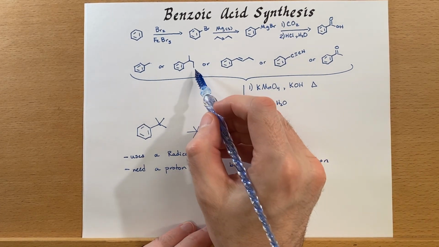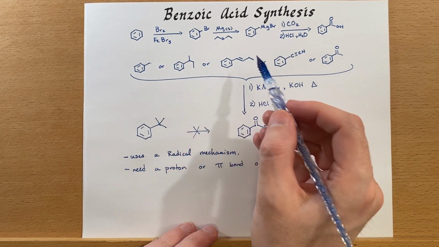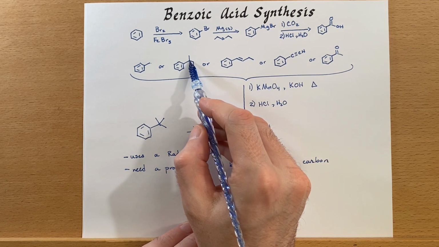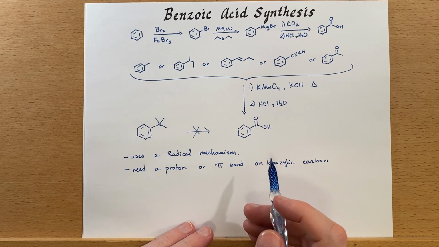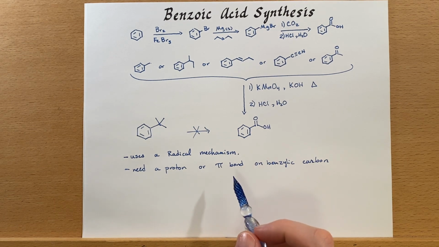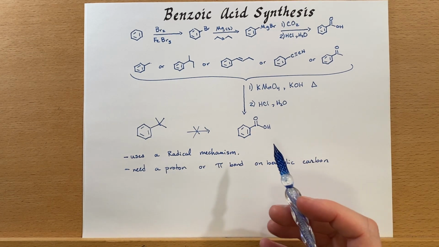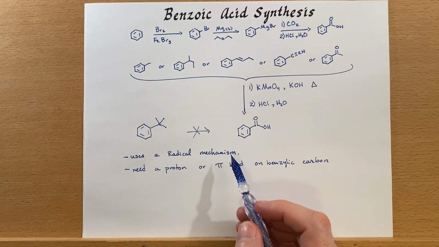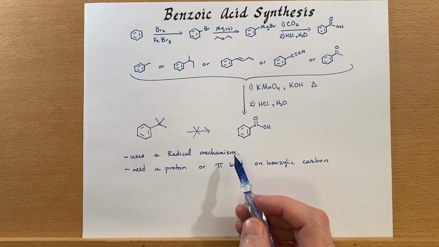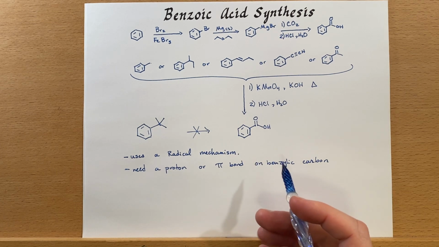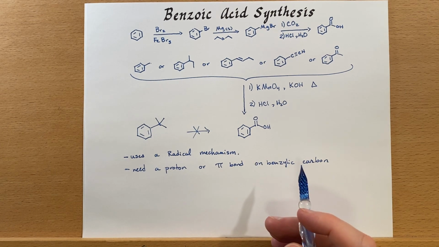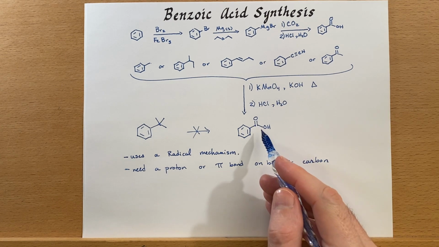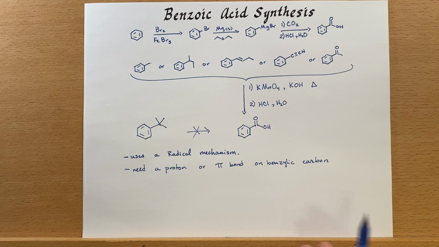We could have a quaternary center somewhere else on this side chain, as long as we have the proton in the benzylic position. So this is kind of an interesting way of generating a benzoic acid. And we've already explored many reactions that carboxylic acids can be used in. So this could be an effective way of generating that useful synthetic material.